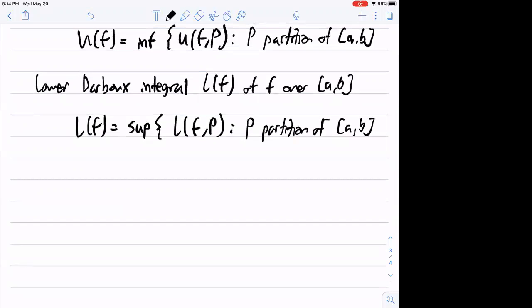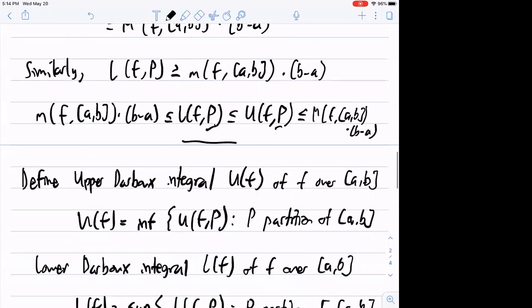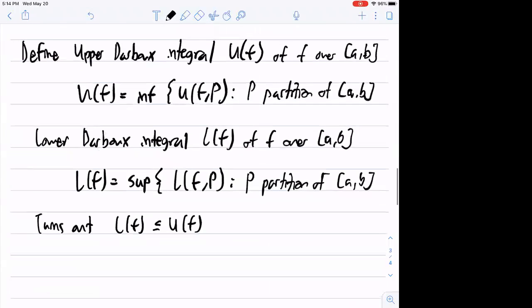And it turns out that L(f) is at most U(f). Note this is not obvious, because for the same partition it's obvious, but for example, the infimum could be attained for partition P2 and the supremum for partition P1, and you don't know how different partitions relate.